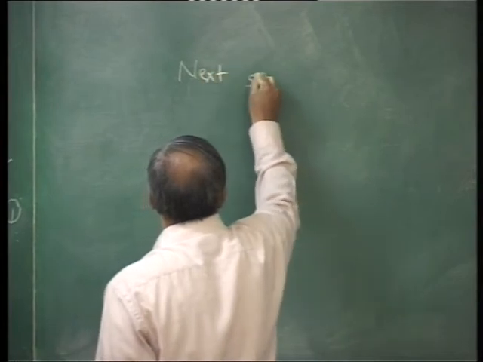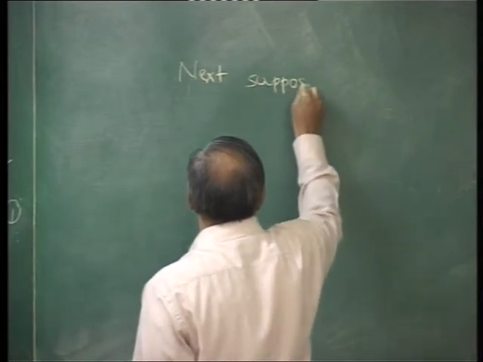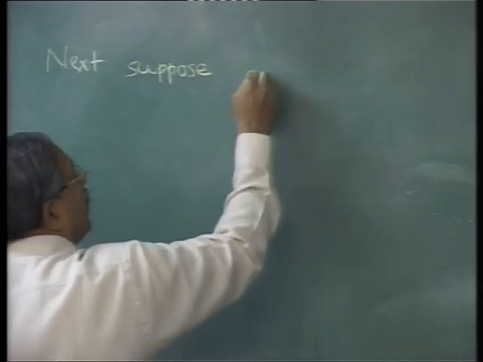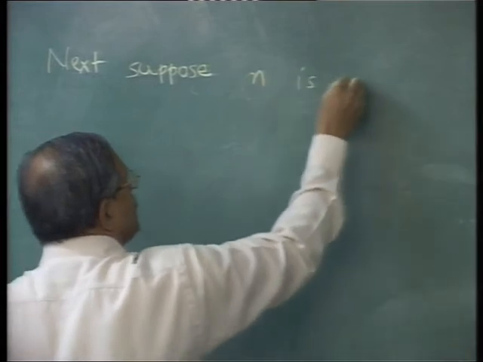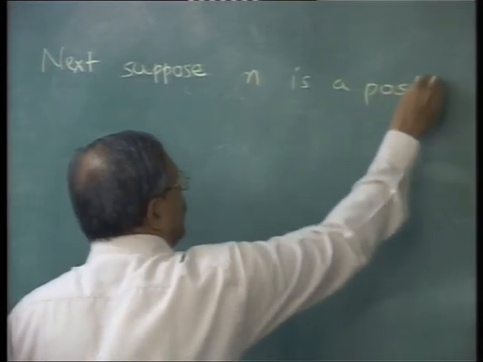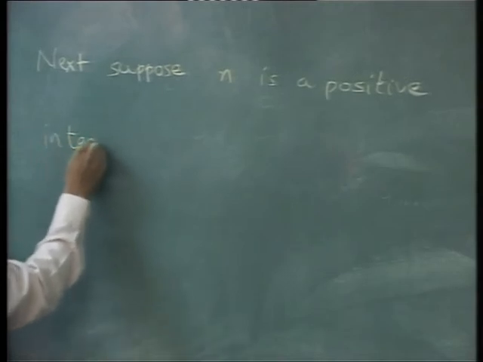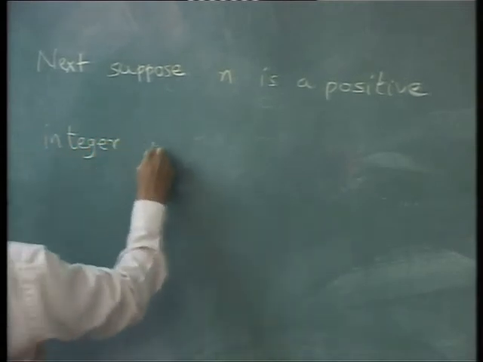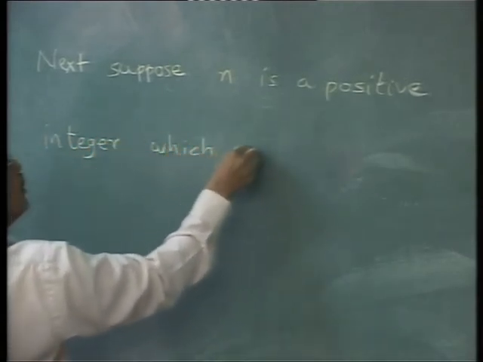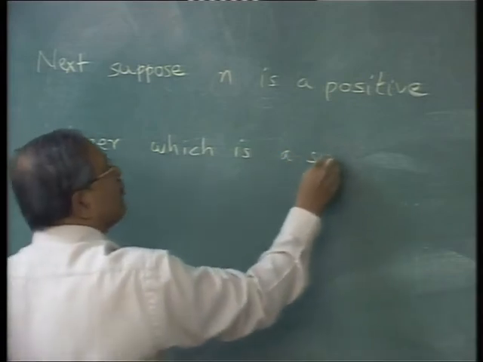Next, suppose n is a positive integer which is a sum of two squares.